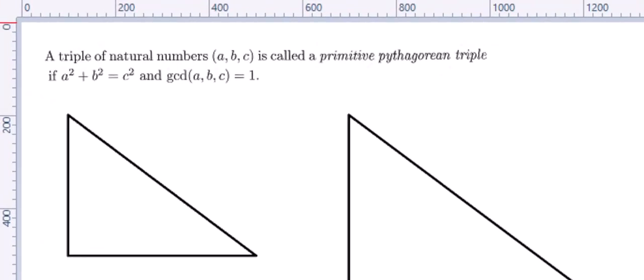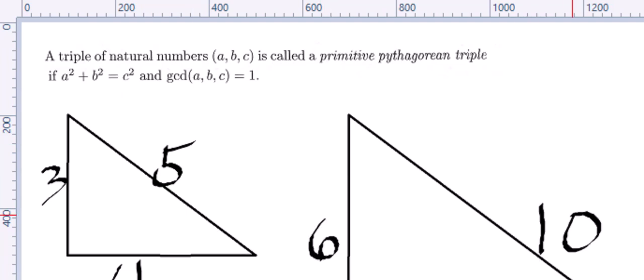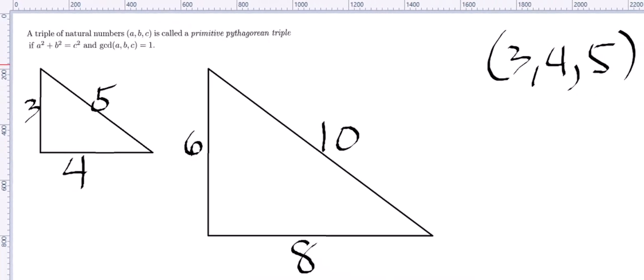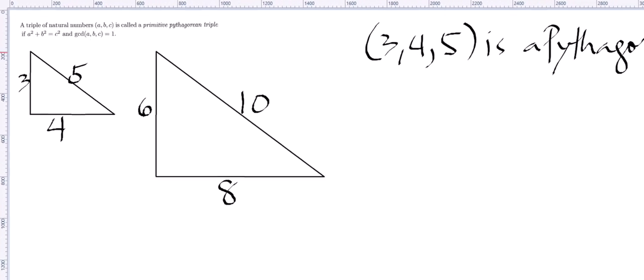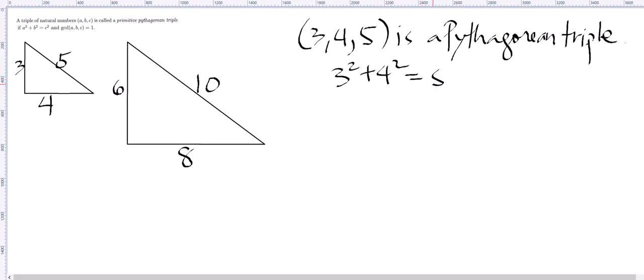A triple of natural numbers A, B, C is called a primitive Pythagorean triple if A squared plus B squared equals C squared and the GCD of A, B, and C is equal to 1. 3, 4, 5 is a Pythagorean triple.